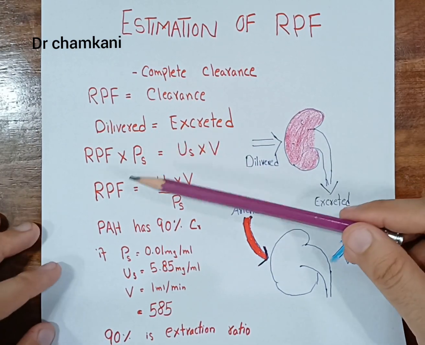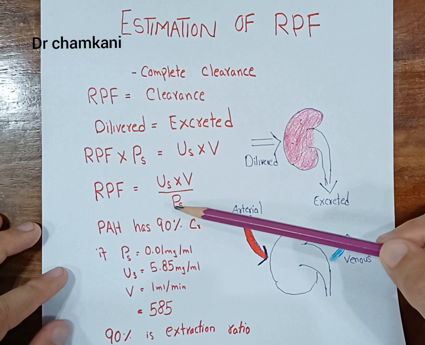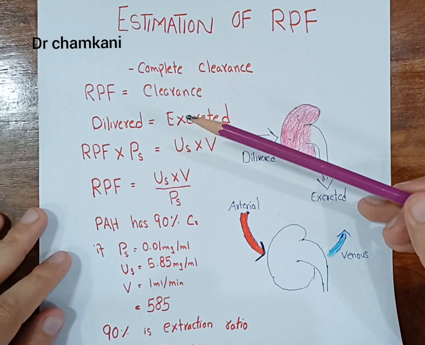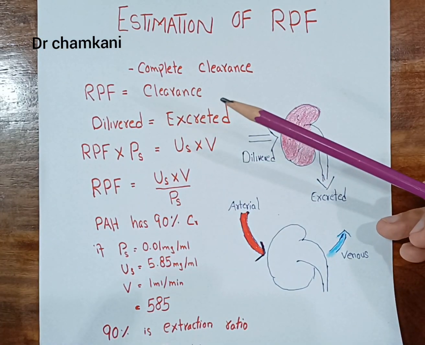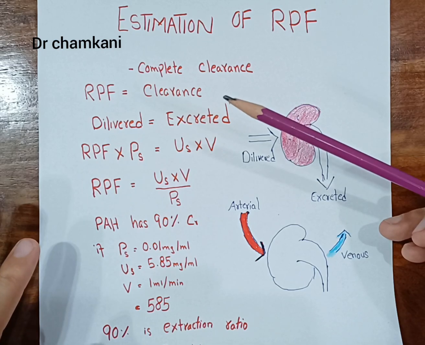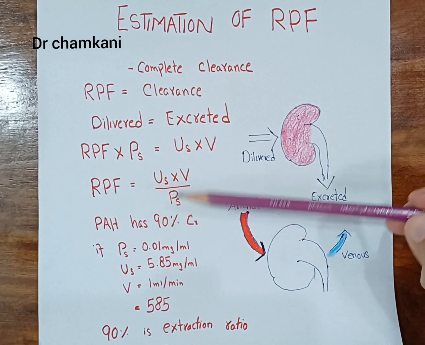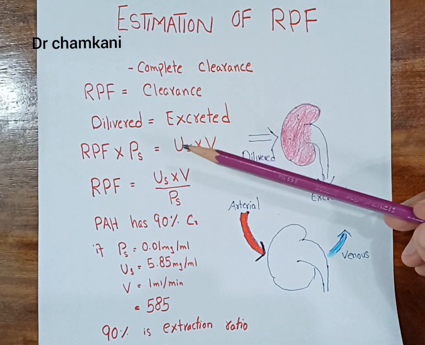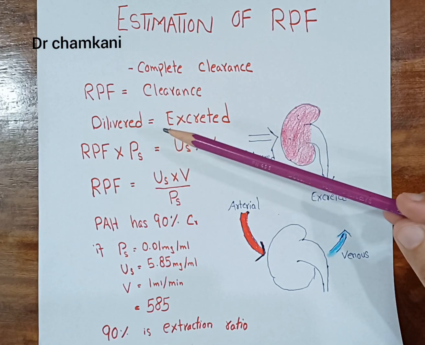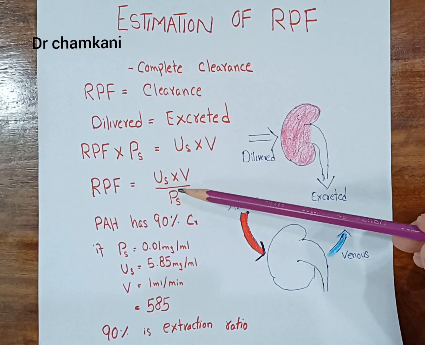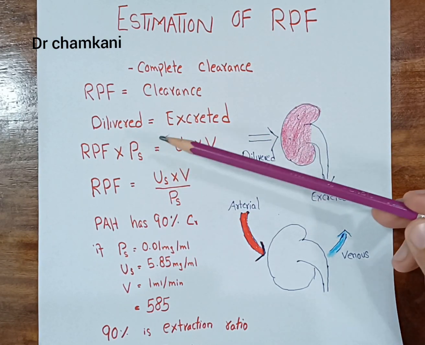Now, this is the equation which we have used multiple times in our previous lectures for the calculation of renal clearance and creatinine clearance as well. The same equation is used to calculate the renal plasma flow, but here we assume that a substance is completely cleared, and in this case, its clearance is also equal to the renal plasma flow.